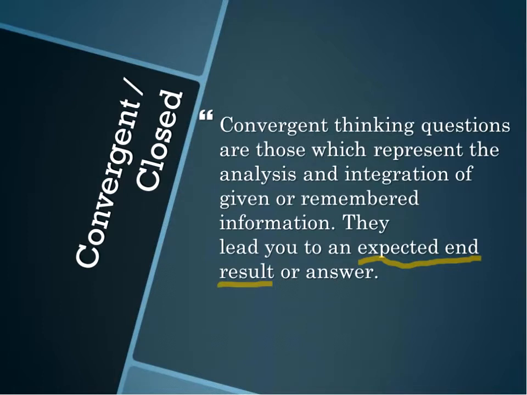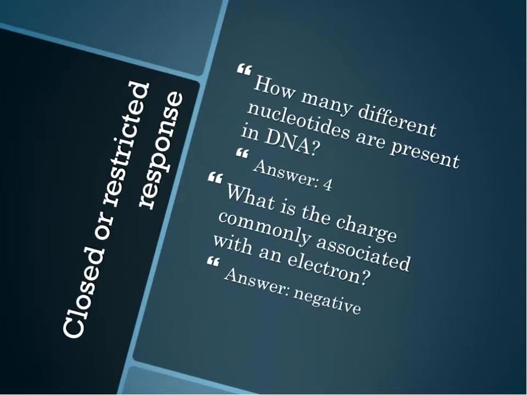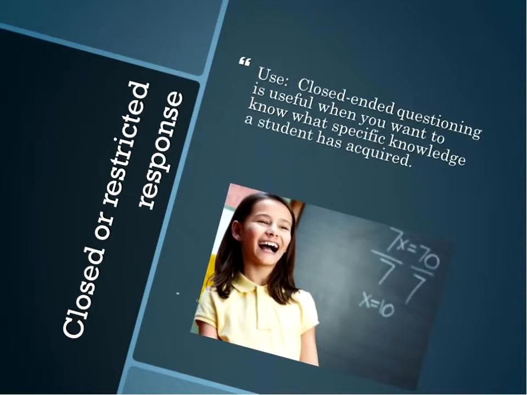But the problem is what happens when we get into the habit of just showing and representing things with these closed or restricted questions. Examples like, how many different nucleotides are present in DNA? One particular answer. What is the charge commonly associated with an electron? Again, one particular answer. So specific knowledge has its place.